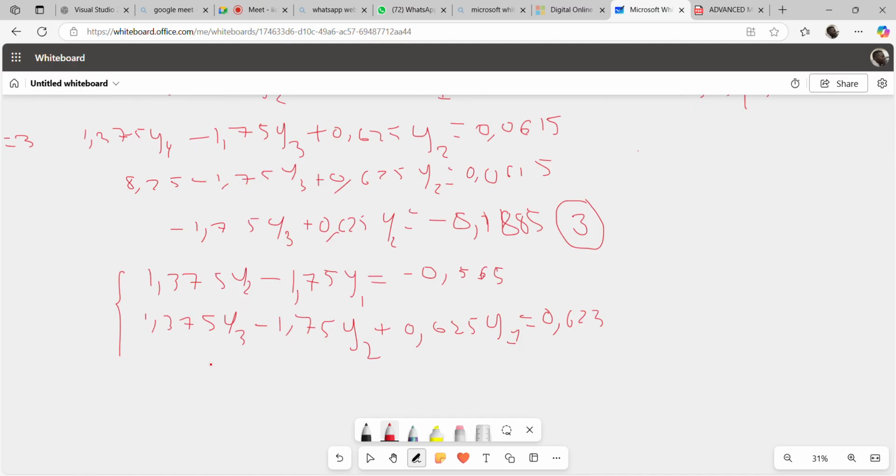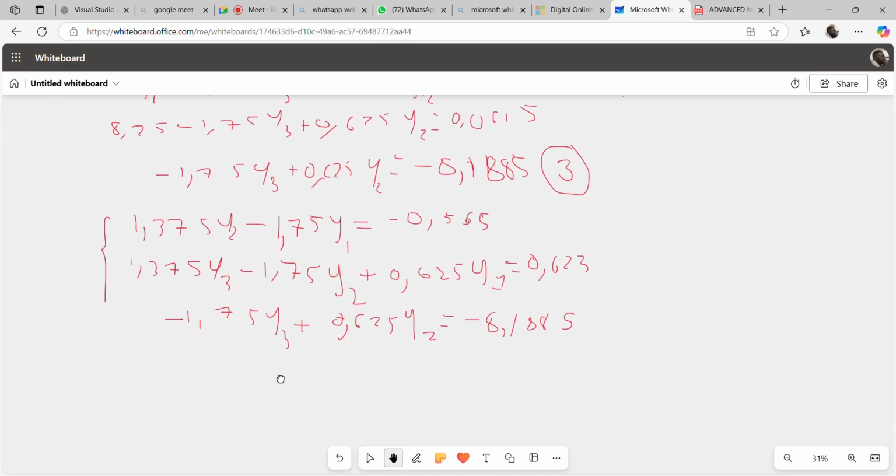Now you pick the last expression, minus 1,75 y3 plus 0,625 y2 to be equal to minus 8,1885.